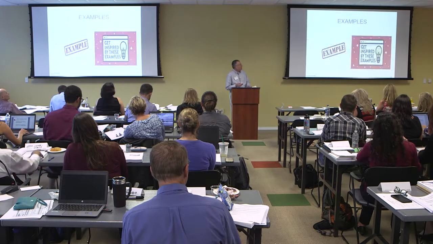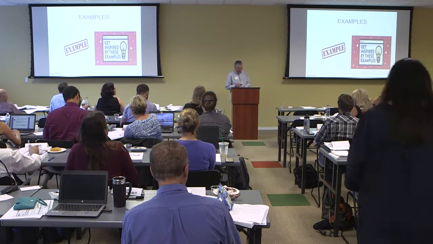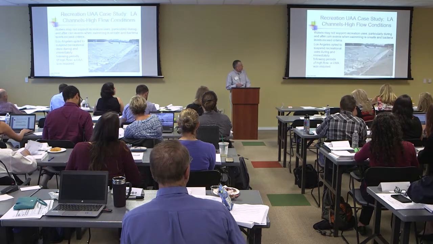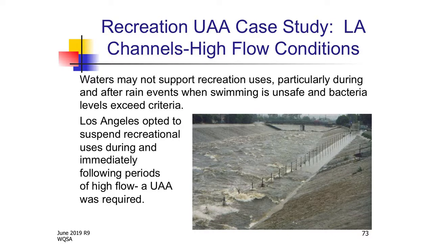Okay, I'll take questions at the end. I'll just go through this example. I cited this before, so I'll go through pretty quickly. It's the LA region high flow conditions UAA. The LA region has many rivers and streams that have been straightened and concrete lined to move large quantities of stormwater from urban areas to the ocean.